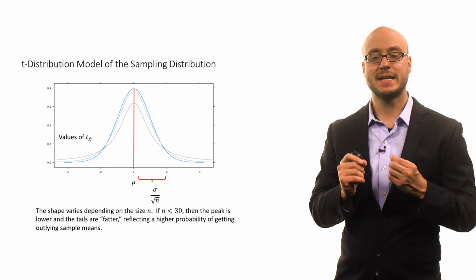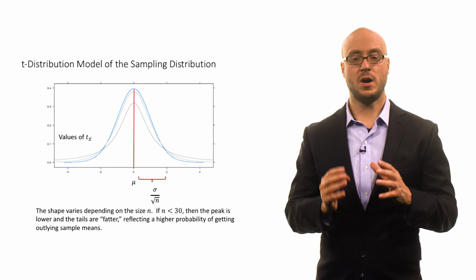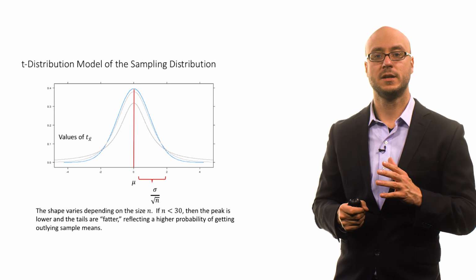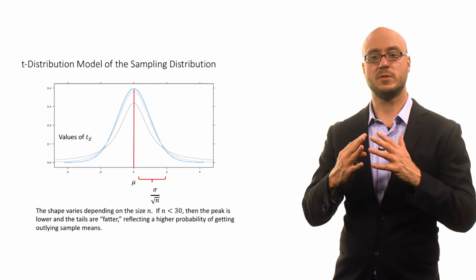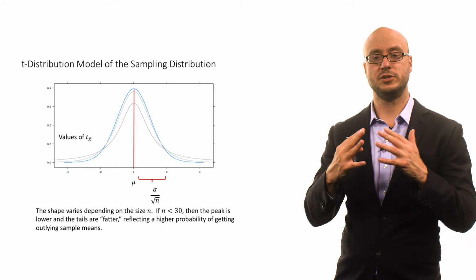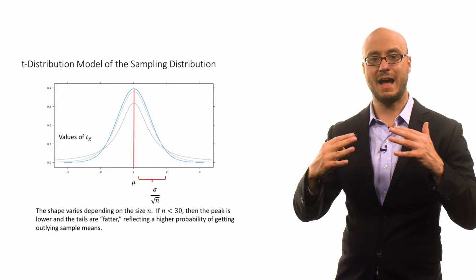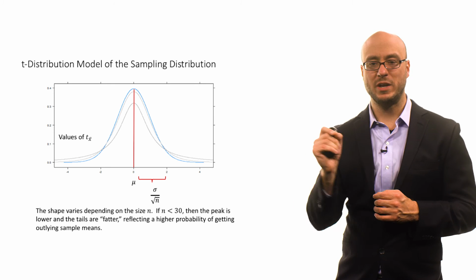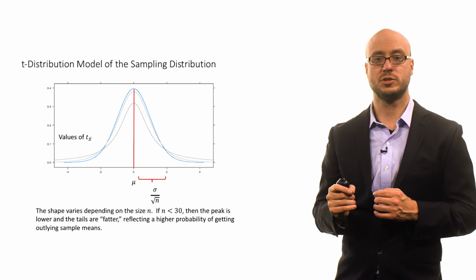The basic idea is that with a smaller sample size used to calculate, say, a sample mean, the probability model is going to penalize. It's going to take into account the fact that for sample means based on smaller sample sizes, we expect more variability in the sampling distribution.